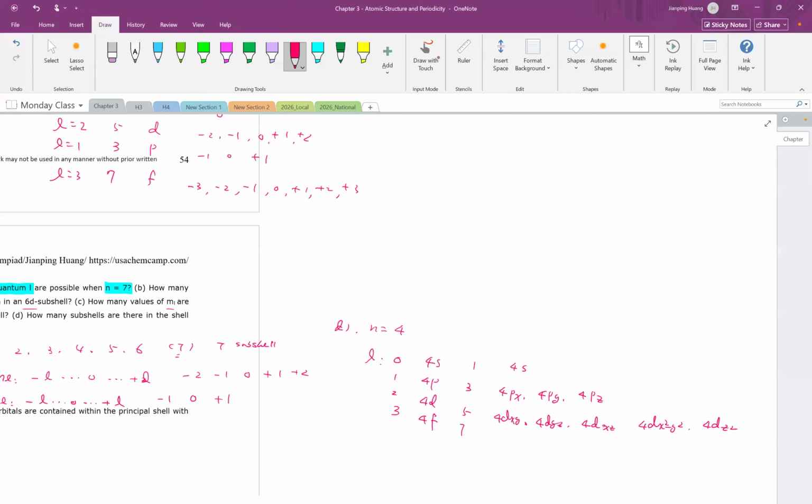Now for f, that one should be 4f minus 3, 4f minus 2, 4f minus 1, 4f0, 4f plus 1, 4f plus 2, 4f plus 3. Right?